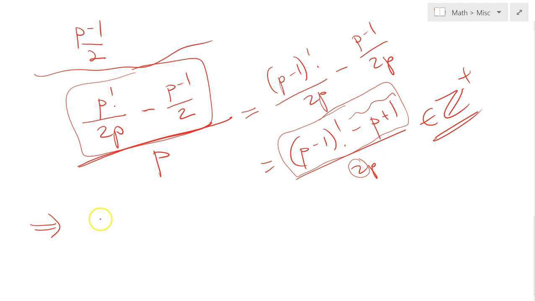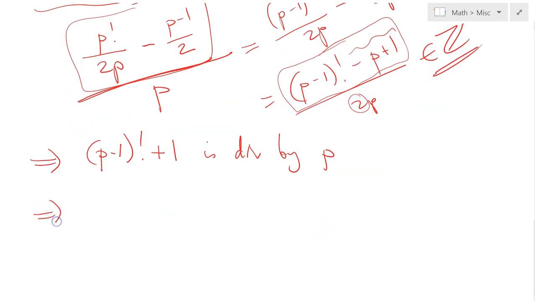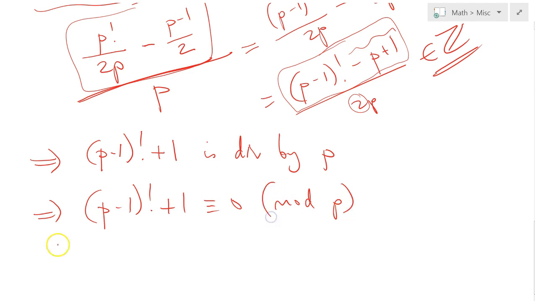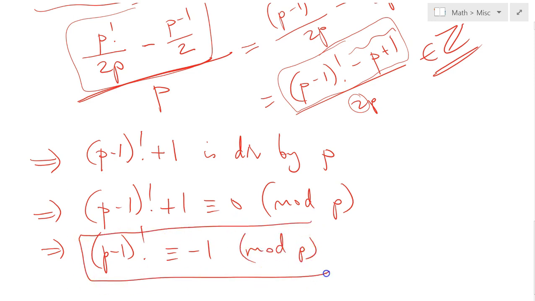This implies that (p minus 1) factorial plus 1 is divisible by p, or in the language of modular arithmetic, (p minus 1) factorial plus 1 is congruent to 0 mod p. Finally, this implies (p minus 1) factorial is congruent to minus 1 mod p, and this is the celebrated Wilson's theorem, and we are done.